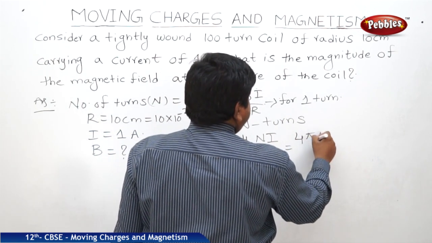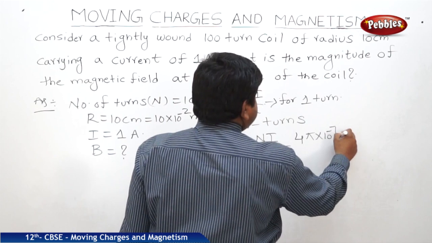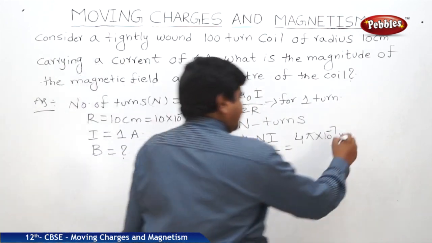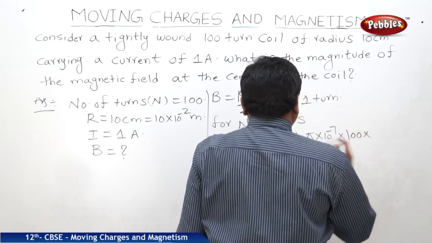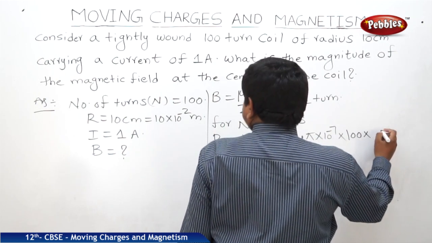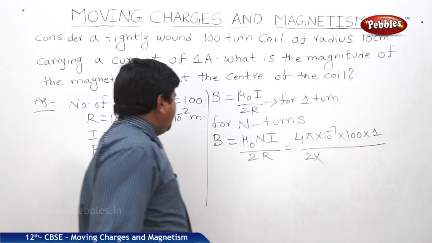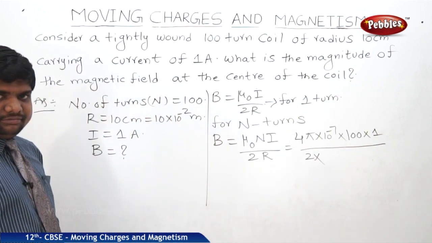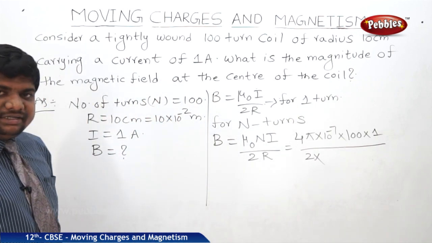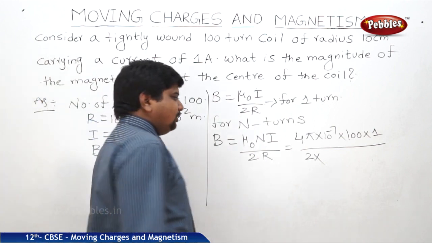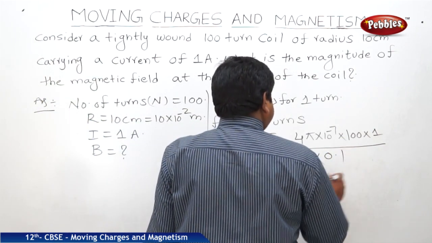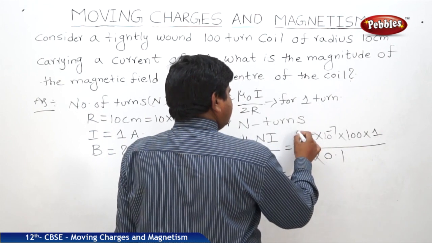Mu naught is 4 pi into 10 power minus 7, N is 100, I is 1 ampere, divided by 2 into r. What is r? 10 by 100, so 10 centimeters is nothing but 0.1. And 2 pi.